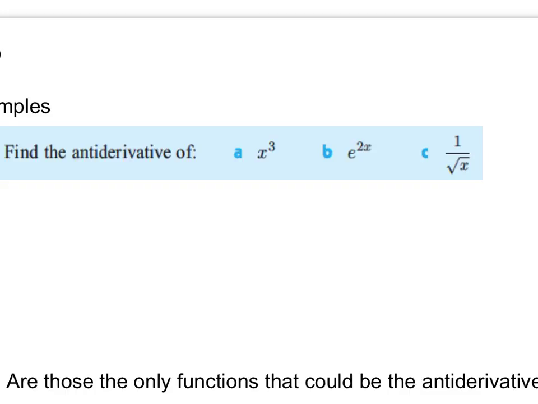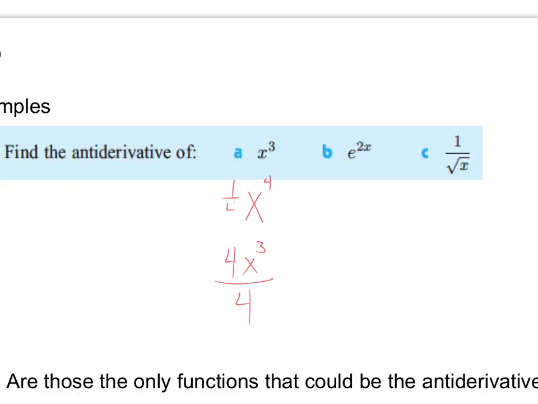If I have x cubed, if that is the derivative, what would the original function have been? Something to the fourth power because we need to bring it down. So x to the 4th power, but if I took the derivative of that, it would be 4x cubed. So to get rid of that 4, I'd have to make it over 4.